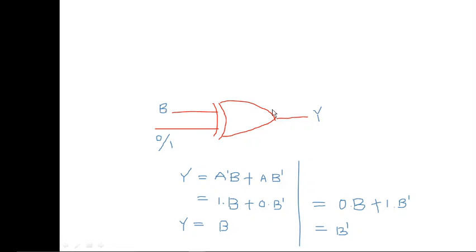For an XOR gate, when the second input is equal to 1, the output of XOR gate equals the complement of first input.